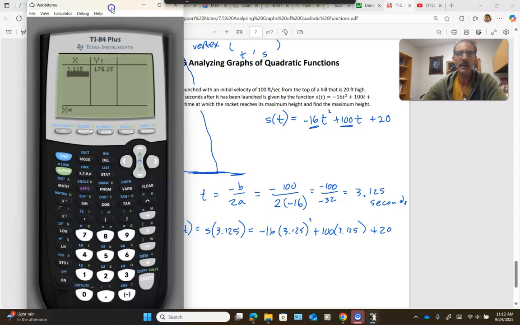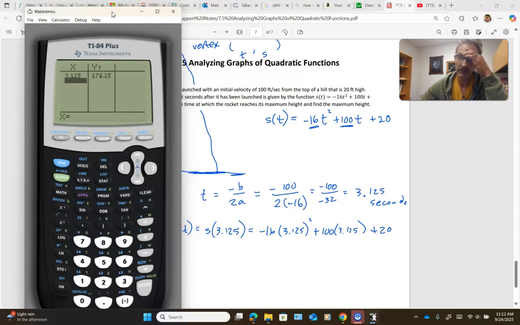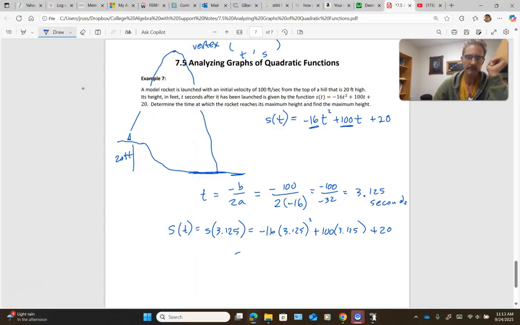Okay, so if you had to evaluate a function for a lot of different values of x, this might be the way to do it. You can input your own values of x instead of the calculator generating those integer values of x. So anyway, we end up getting, I'll just restate this, S of 3.125 is equal to 176.25 feet.